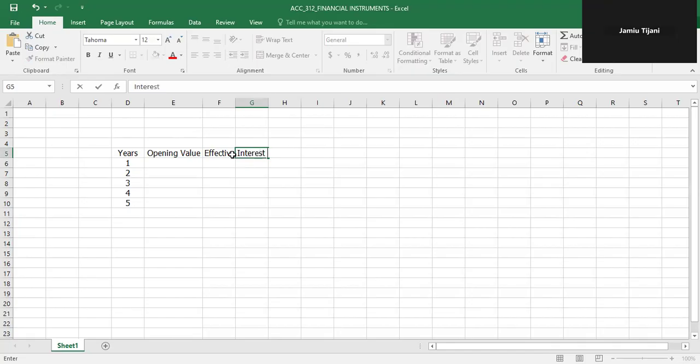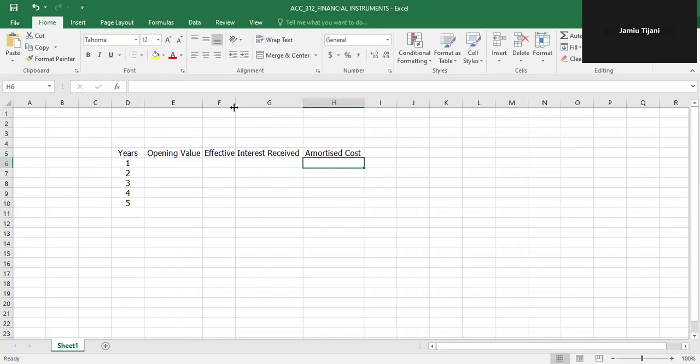Since it's an investment, you can say interest received. Then you now have amortized cost.